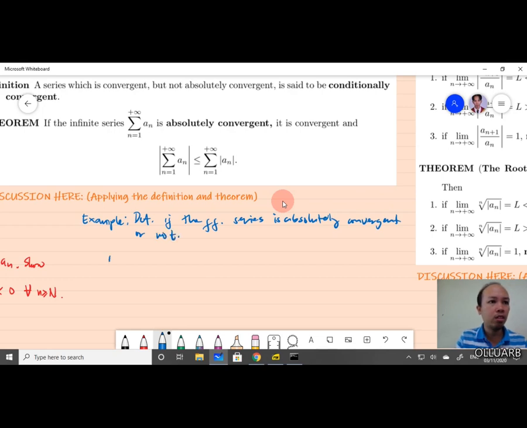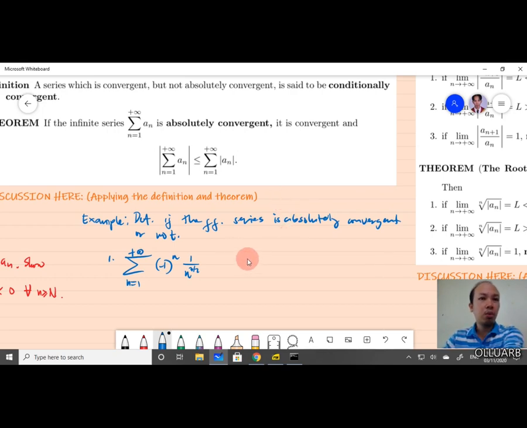Okay, so this is our problem number 1. Summation of (-1) to the n times 1 over n to the 3 halves, where n starts from 1 to positive infinity.